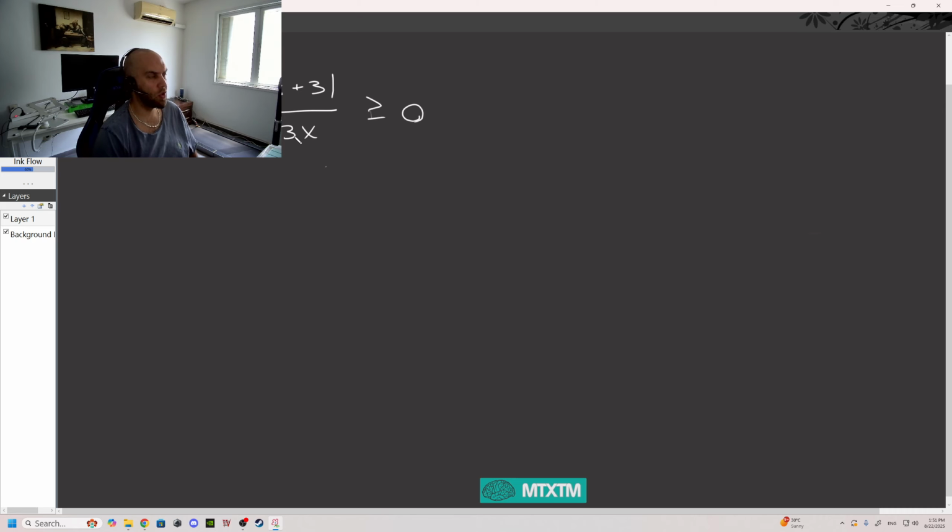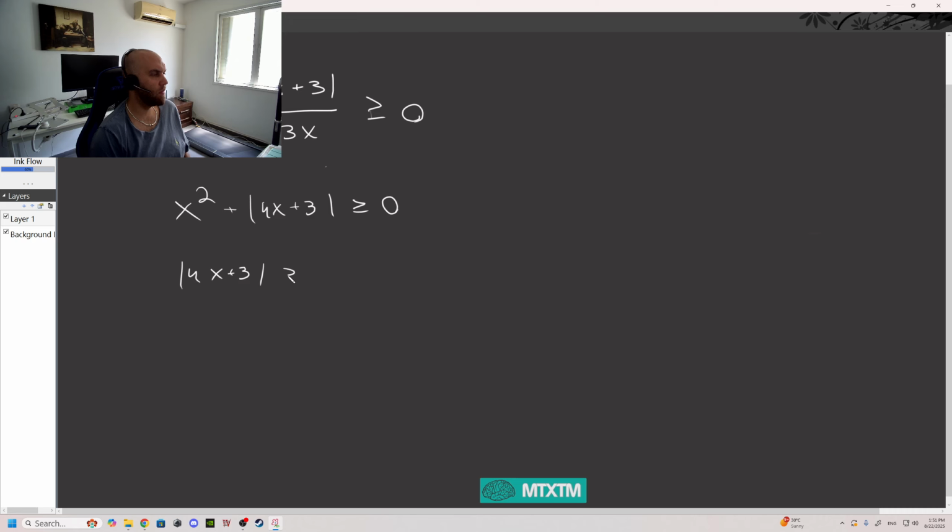Usually we need to change the sign if we multiply by something negative. I don't know if this is negative or not, but currently we're not going to do anything. We're just going to have x squared plus the absolute value of 4x plus 3 is greater or equal than 0.